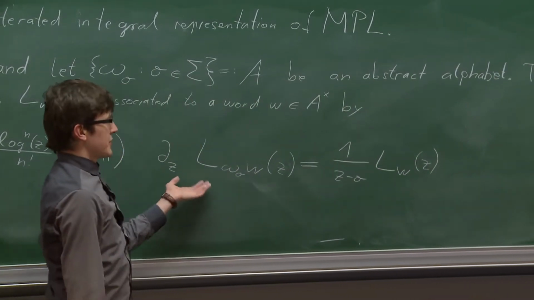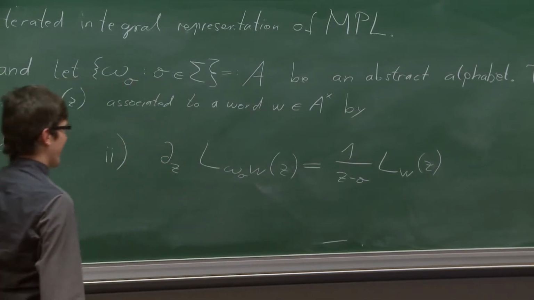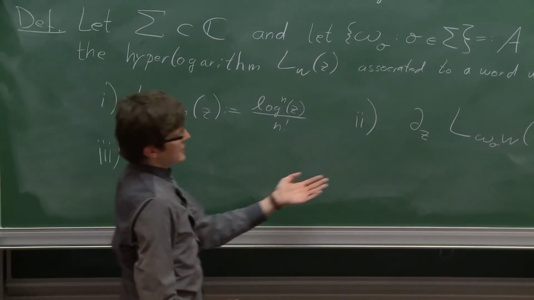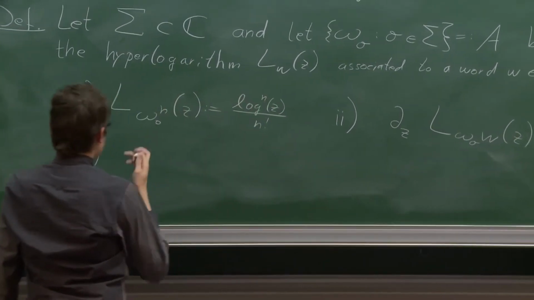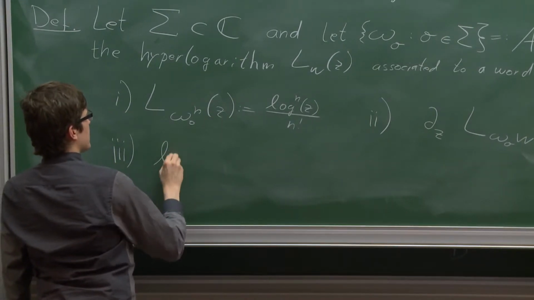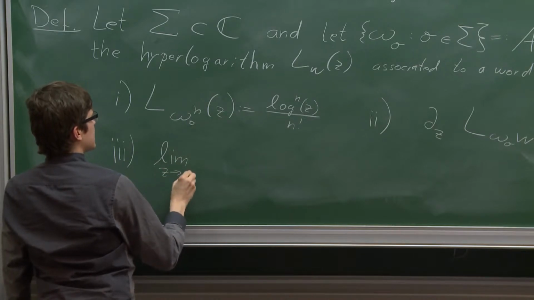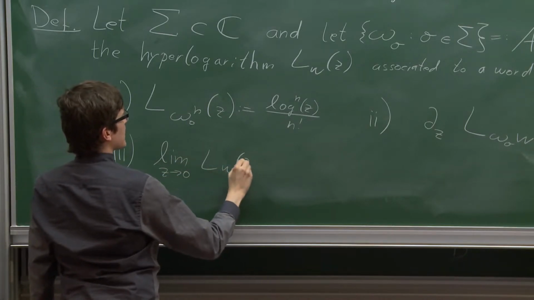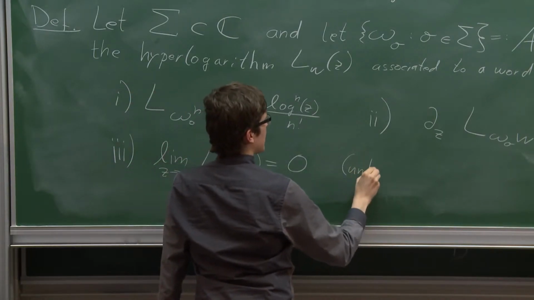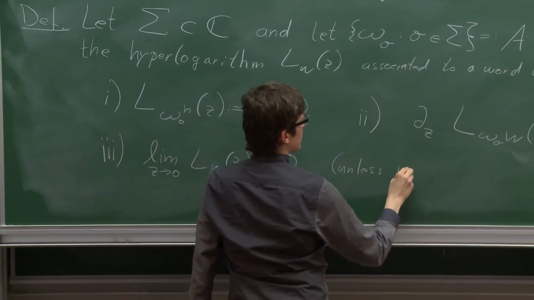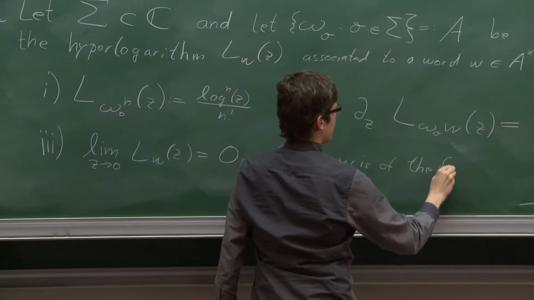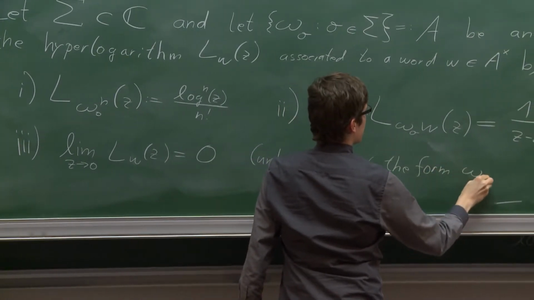So this is just the reverse way of writing down an iterated integral. But it does not fix the constant of integration, of course, which we require now such that the limit when Z goes to 0 of these hyperlogarithms is 0, unless the word is of the form omega 0 to the n.